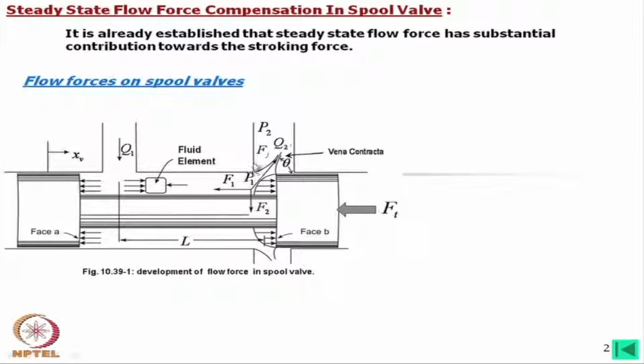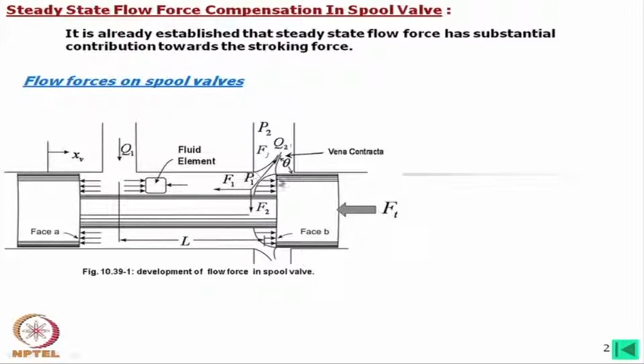This means that there is a groove here, and so if we consider the length of this orifice will be pi into this diameter, and width is the opening, which is x v.